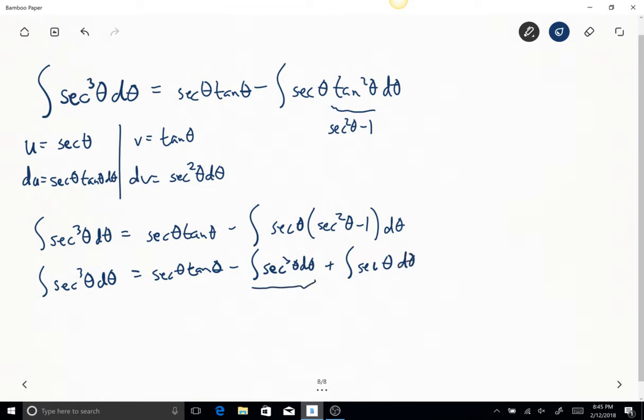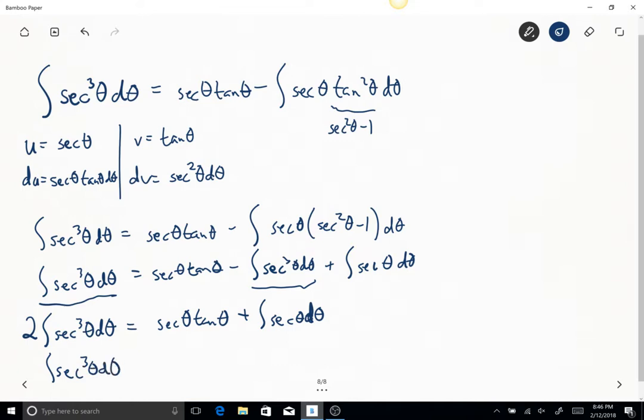So now this appears on the other side, so we add it over, making 2 times that integral of secant cubed theta d theta equal secant theta tangent theta plus the integral of secant theta d theta, which we'll talk about in just a second. So the integral of secant cubed theta d theta equals 1/2 times this whole quantity, secant theta tangent theta plus the integral of secant theta d theta.